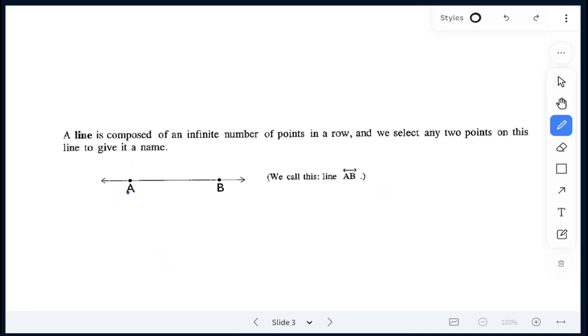In this case, point A and point B have been selected, and now we can give this line a name, and it's called AB. So we put arrows on either end like that, and that is how we would represent line AB.